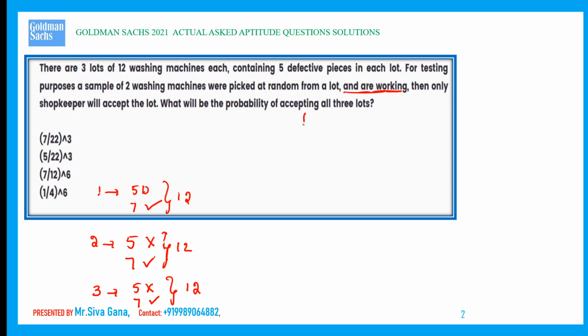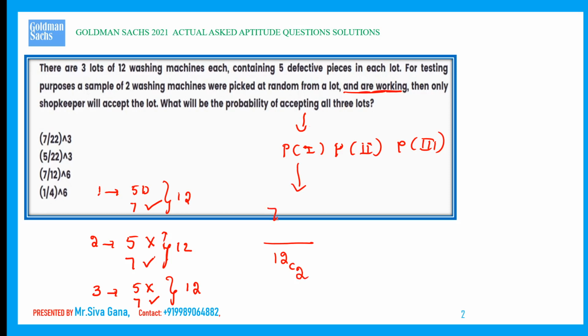The probability of accepting all three lots is simply the probability of accepting the first lot as well as the probability of accepting the second lot, as well as the probability of accepting the third lot. First I will calculate the probability of accepting the first lot. There are 12 available, in that we need to pick 2. Total cases are 12C2, and the 2 picked should be in working mode.